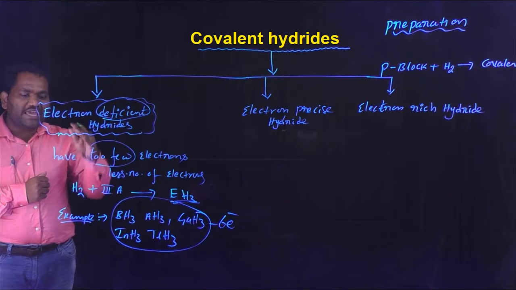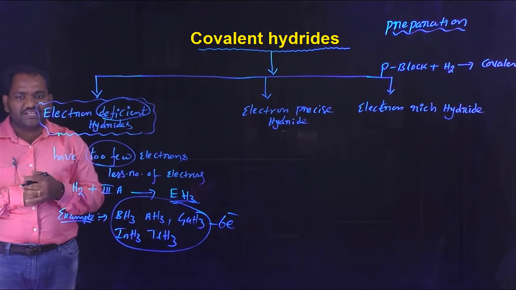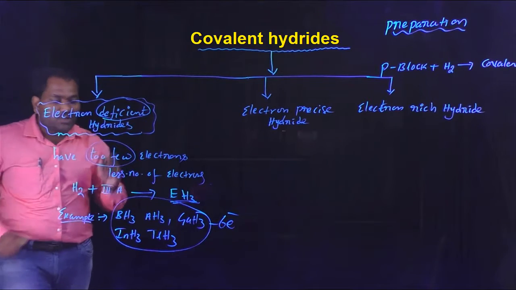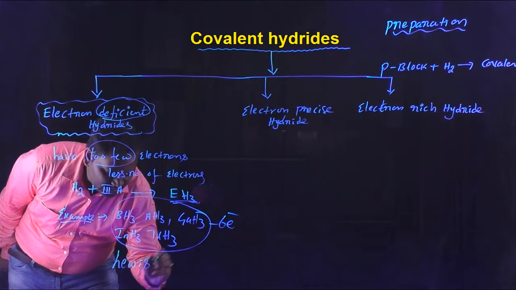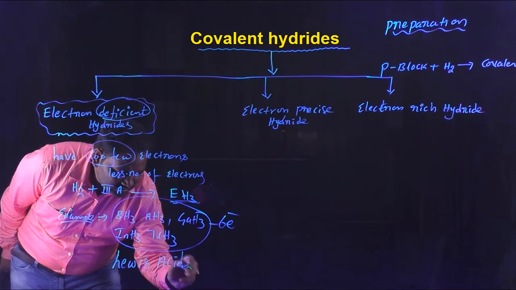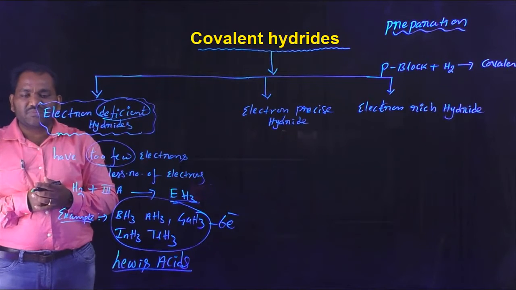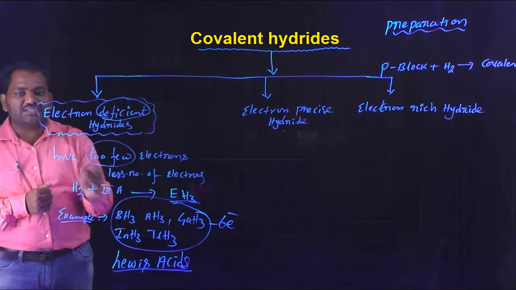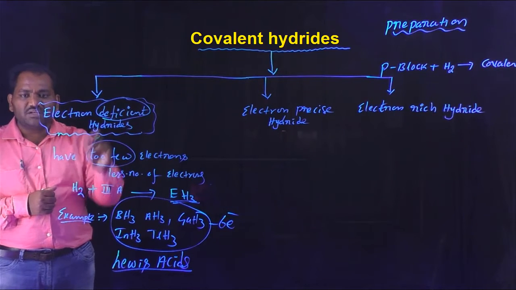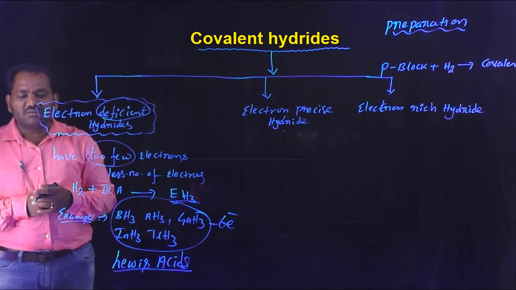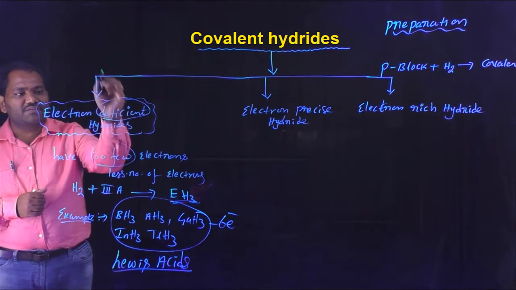Due to this accepting nature, all these hydrides act as Lewis acids. And all these hydrides are covalent and volatile. So this is about the electron deficient hydrides.